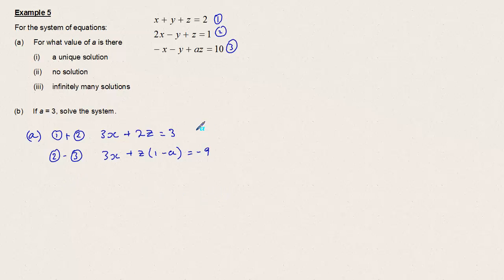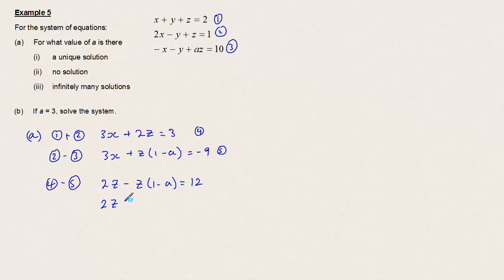Now if I call this one equation 4 and this one equation 5, if I do 4 take away 5, I get rid of the x's. So that's 2z take away z into 1 take away a is equal to 3 take away -9. 3 plus 9 is 12.